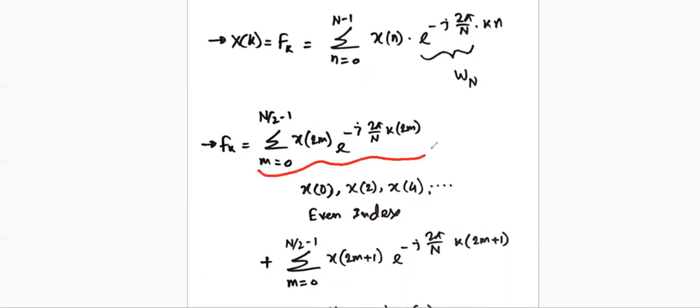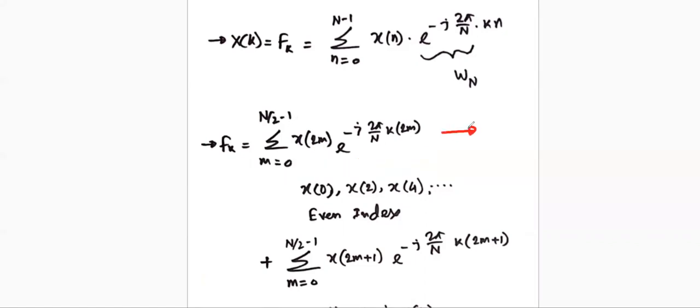We take the even part here, putting a dummy constant 2m, and e to the power minus j 2 pi by capital N into k 2m, because we have this 2m. Now small n is replaced by 2m, and the range of m is from 0 to N by 2 minus 1.